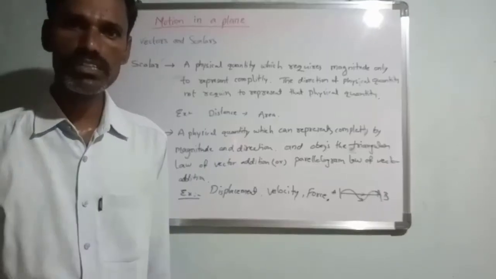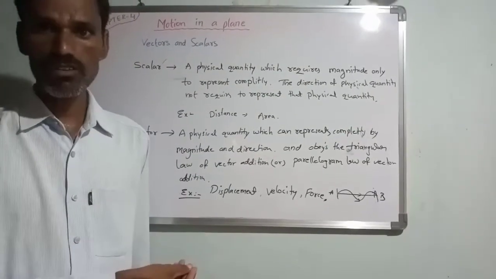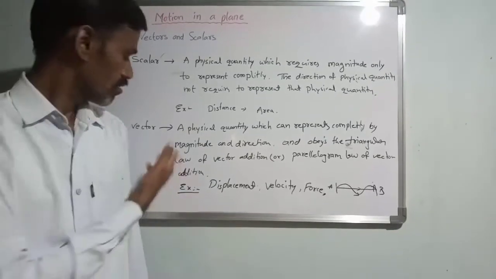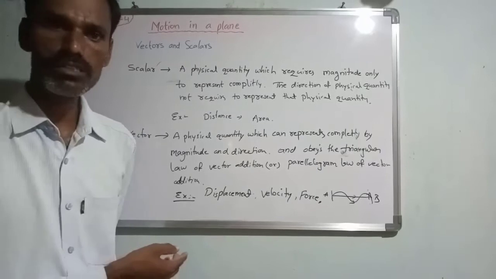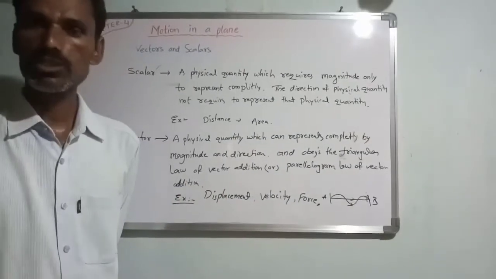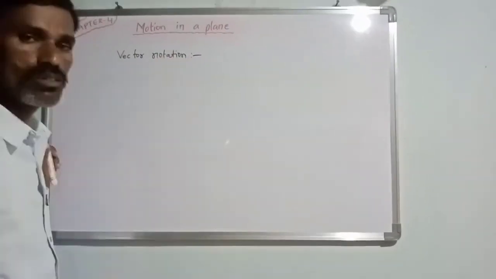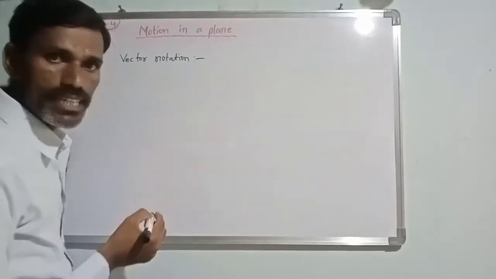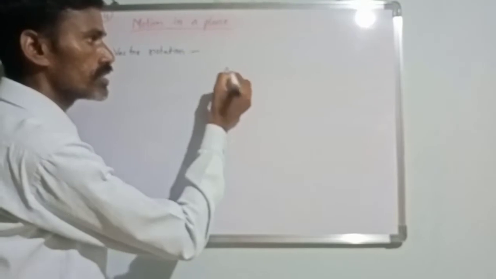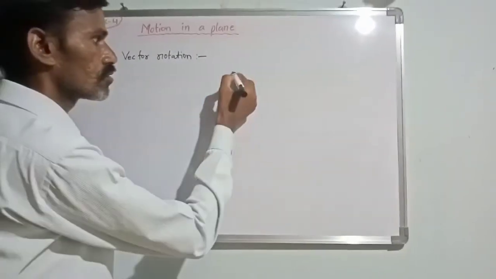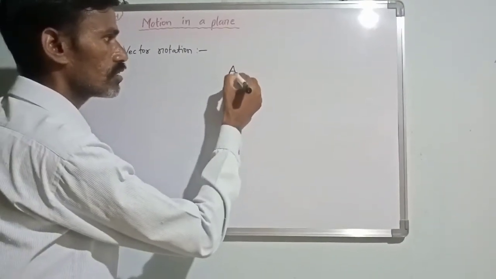When we deal with vectors, we use some special laws to add, multiply and divide them. To perform mathematical operations, we follow some special laws. For the vector notation, generally we take uppercase alphabets in bold form.